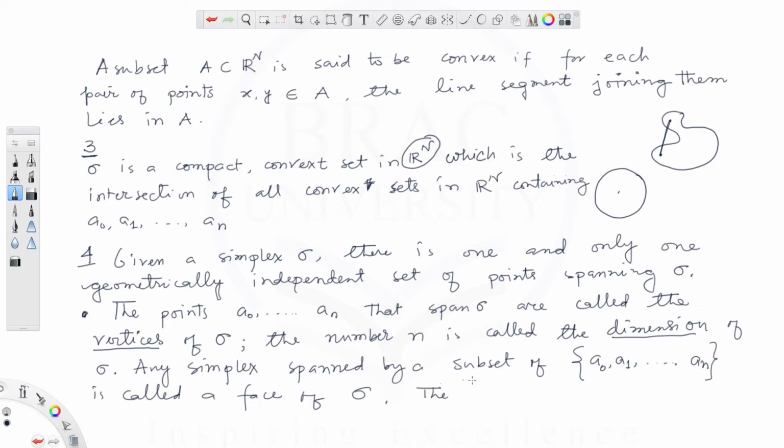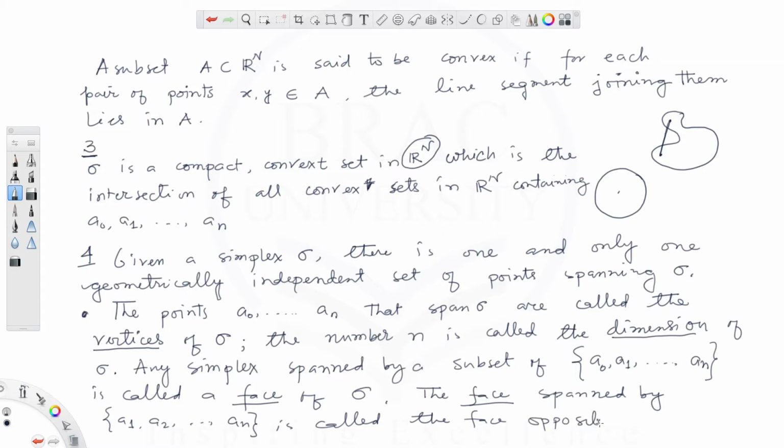The face spanned by the points A1, A2 all the way up to An is called the face opposite to A0.